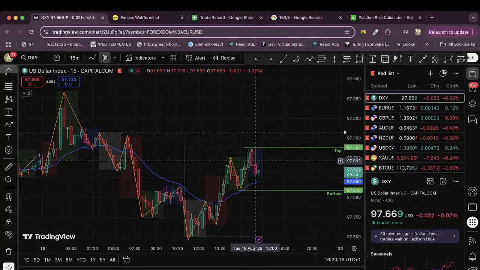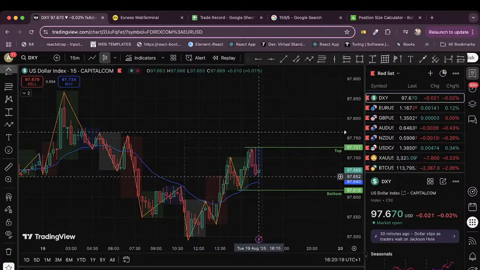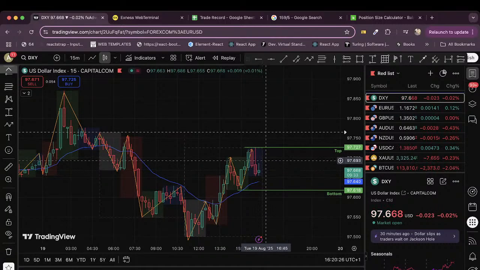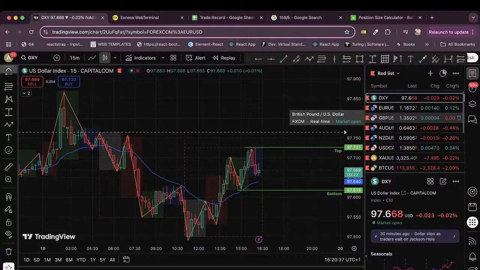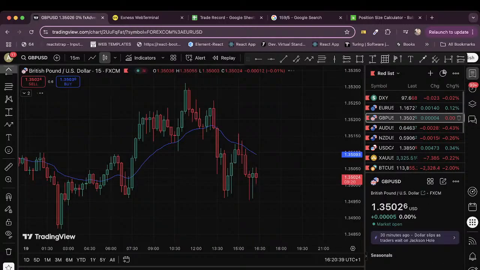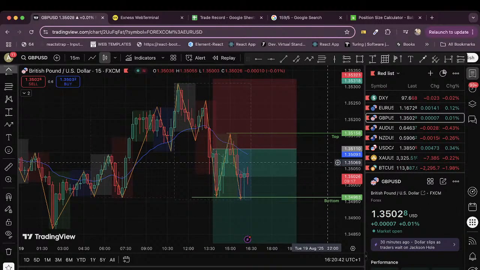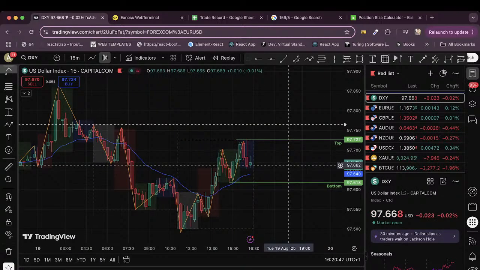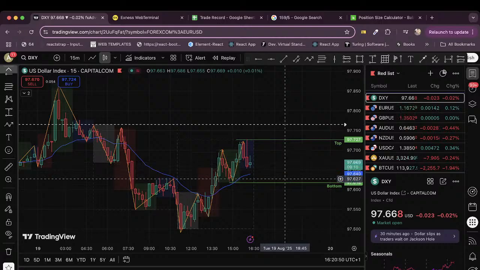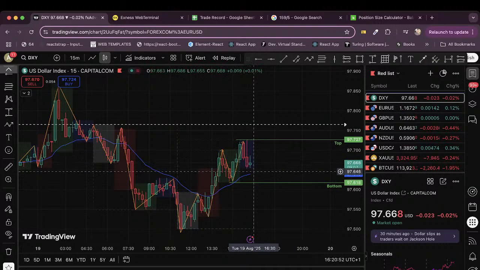And you can see that rejection is still coming in because you can see the current green candle there. In as much as it is small, you can still see that there is still some sell pressure coming in because of the top wick being formed there. Because we are currently on a trade on British pound, it's extremely important that to maintain the authenticity of that sell, we need DXY to be strong.